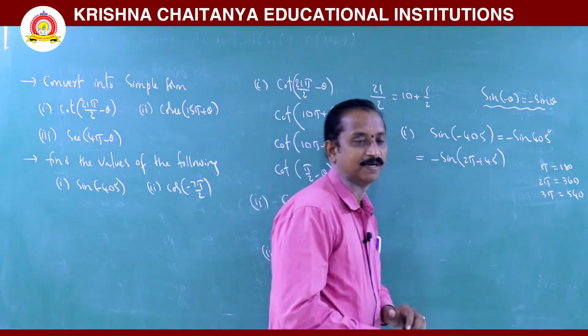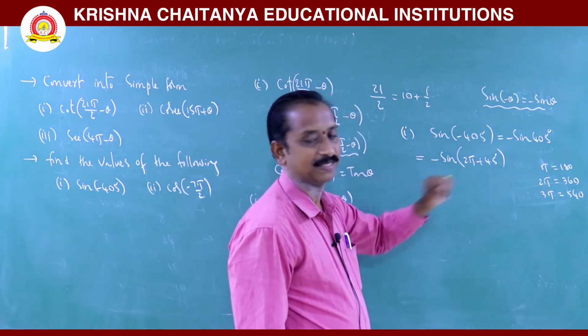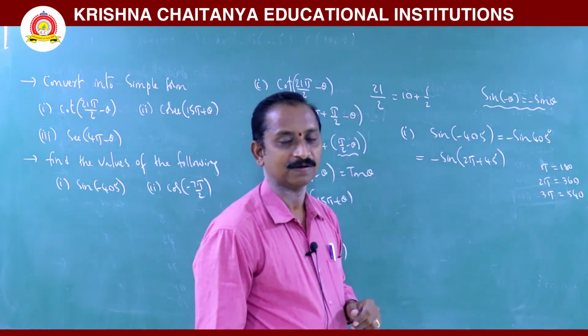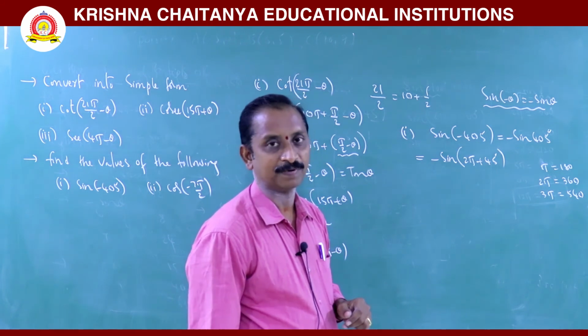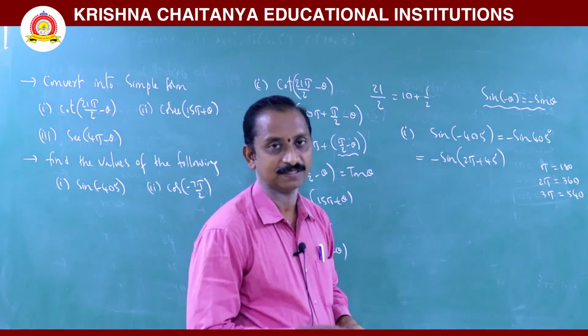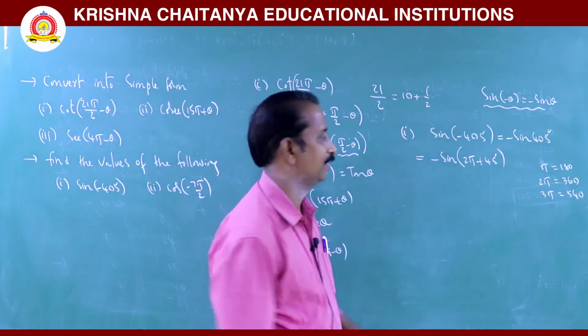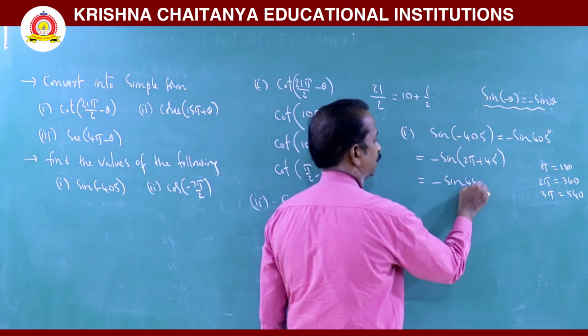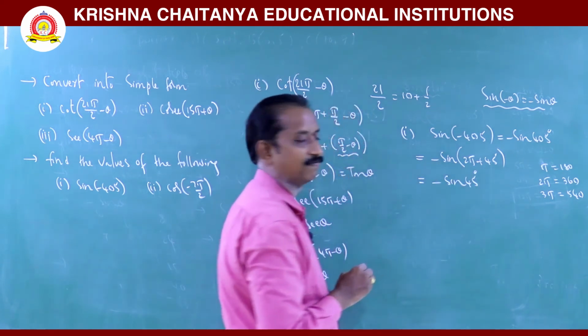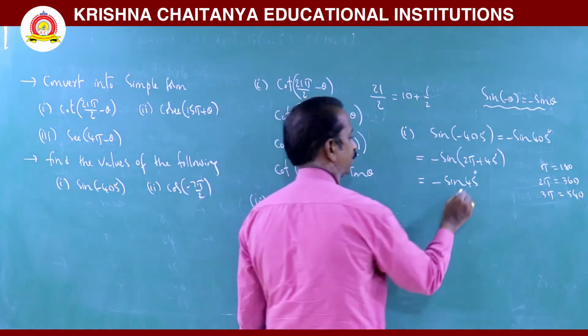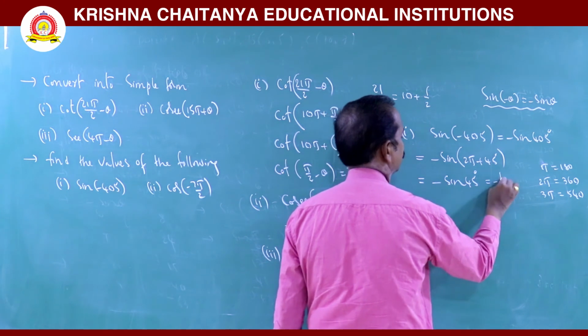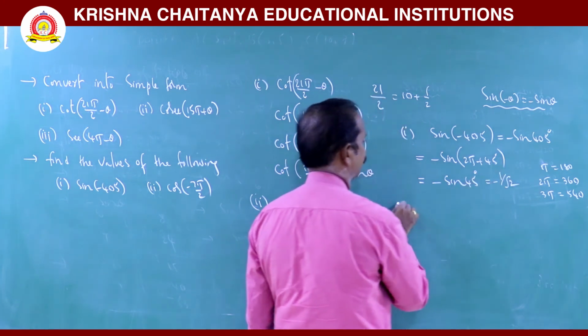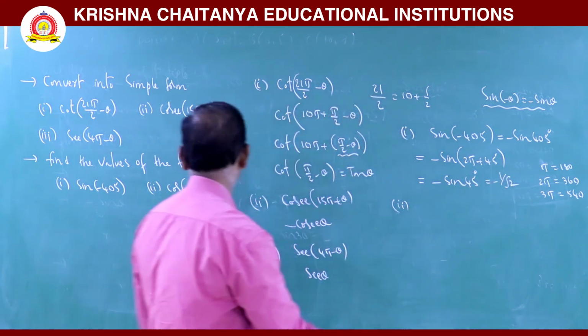This is an even number of pi plus, quadrant 1, all ratios are positive, and the trigonometric ratio does not change at that allied angle. So it is minus sine 45 degrees. What is sine 45? 1 by root 2. So minus 1 by root 2 is our answer.